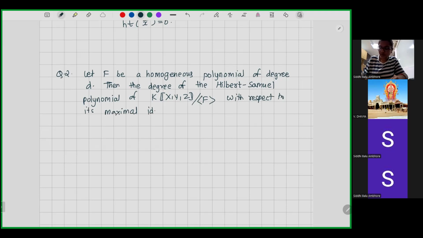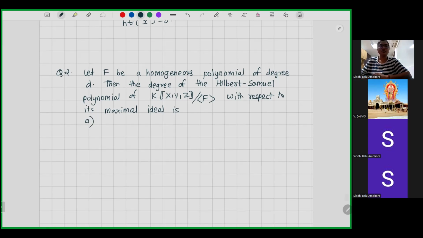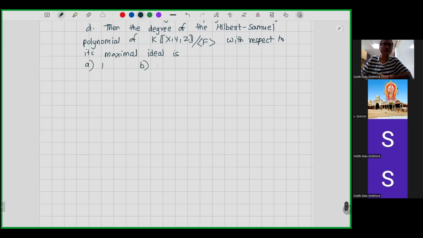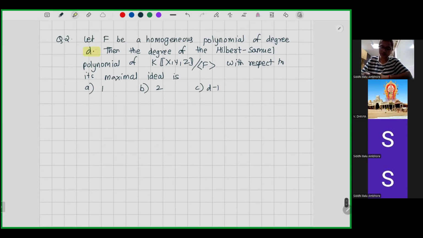Whenever we talk about Hilbert-Samuel polynomial, we always find it with respect to some ideal, and here we have to find it with respect to the maximal ideal in this power series ring. These are the options: 1, 2, d minus 1, where d was the degree of f, and my last option is d.